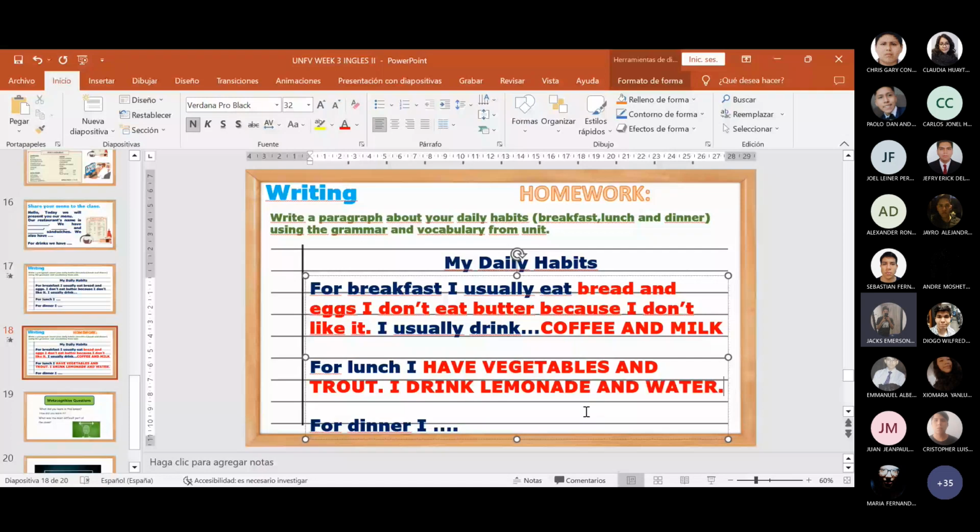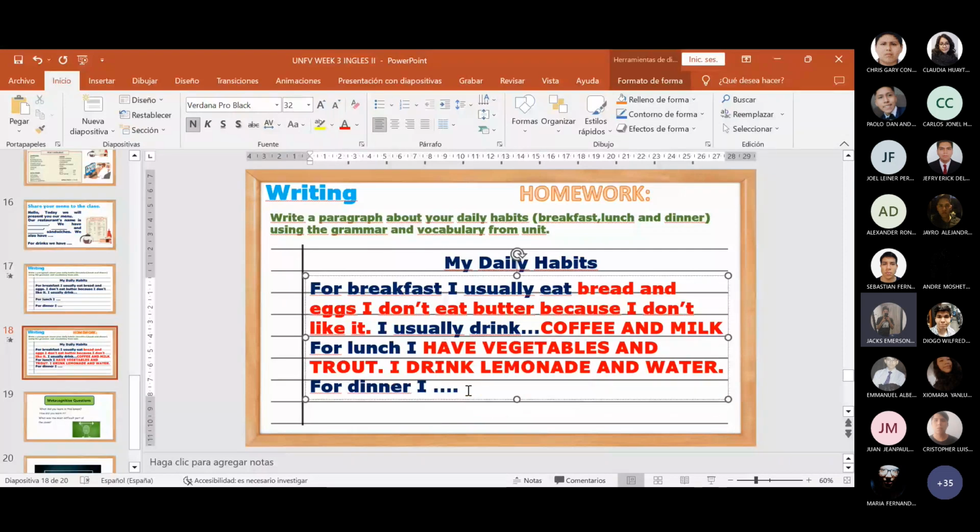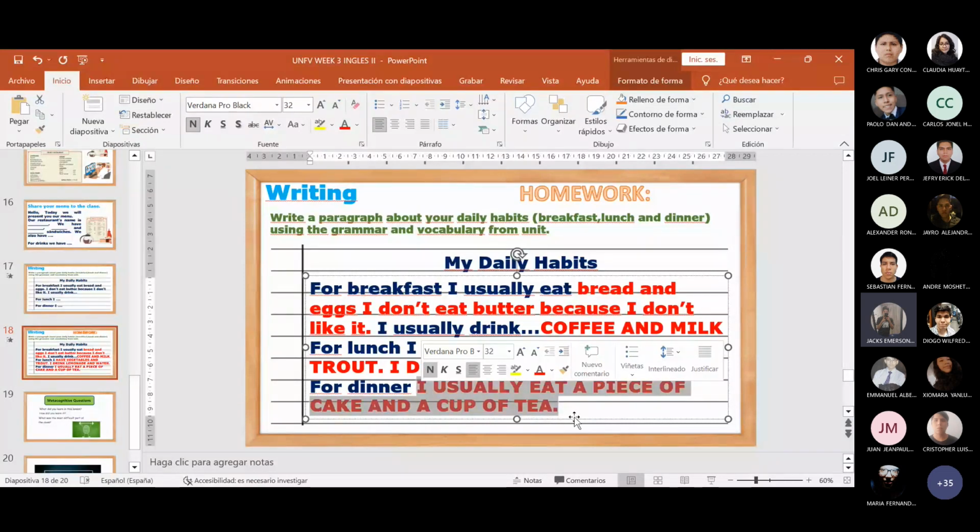For dinner, I usually eat a piece of cake and a cup of tea, for example. These are my daily habits.